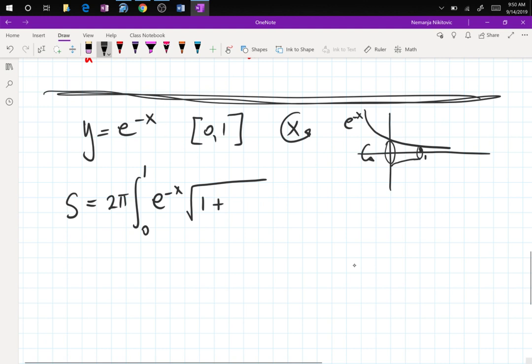So y prime is going to be negative e to the negative x. So over here we have to say negative e to the negative x, and we need to square that for our integral. And there we go.